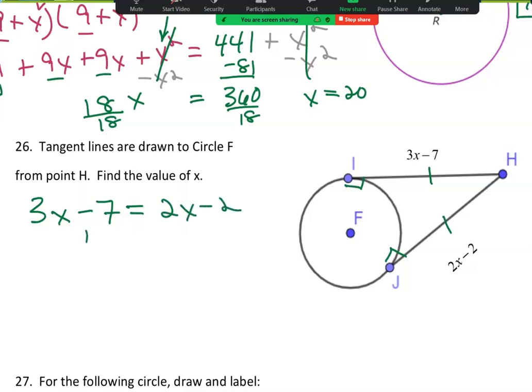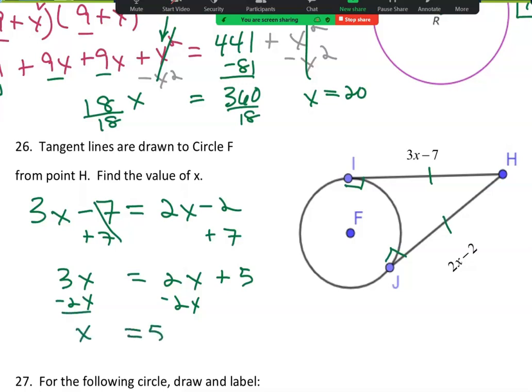When I do that, I'm going to add 7, rewrite, 3x equals 2x. If I add a 7 to a negative 2, I get a plus 5. Now I have to move the x, subtract 2x, and that's going to give me x equals 5, and that is done.